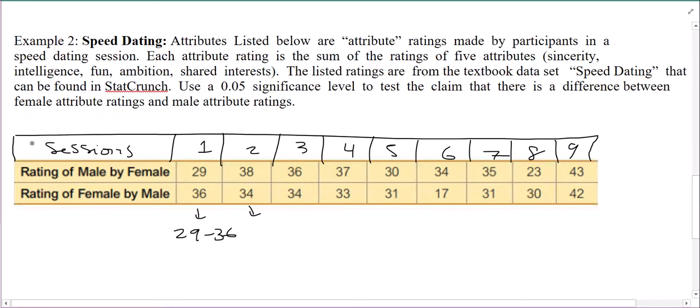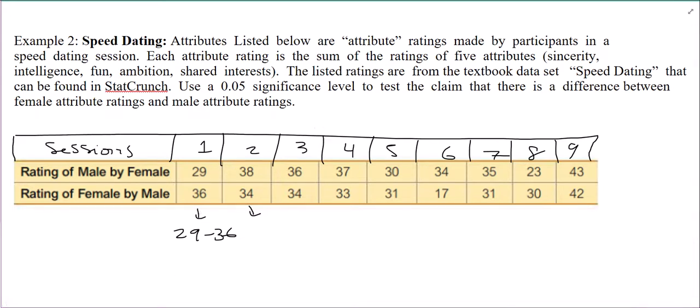Oftentimes this extra row is helpful in saying, oh, these are sessions, so these are paired, these are dependent, because those are for the same session. My observational units are the sessions, and the variable is the difference in ratings. So that's one of the things that helps.